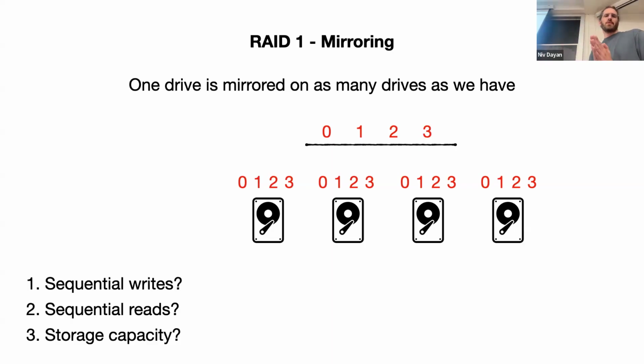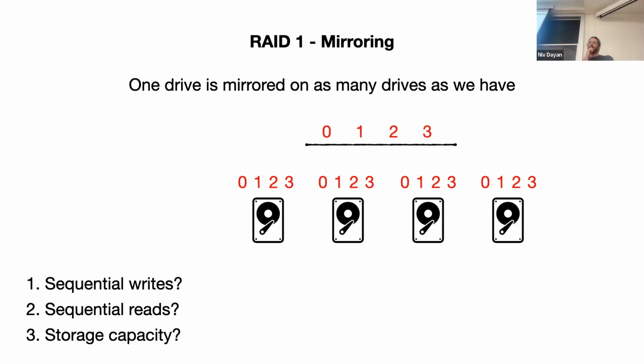So first of all, sequential writes. Are sequential writes going to be faster or slower relative to if we just had one drive? Yeah, it's going to be the same. What about sequential reads? Was it about the same?